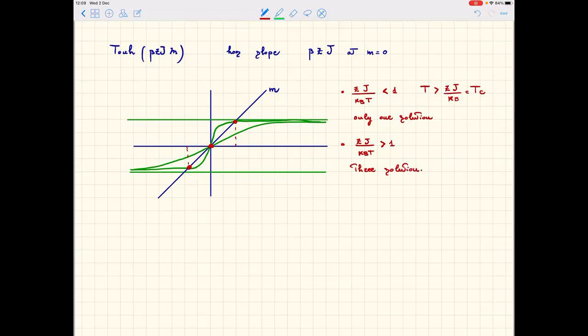Now, which one of these three solutions should we choose? Can you tell me? We have an equation that has three solutions. Which one should we choose? The one that satisfies all requirements. And what are all requirements?